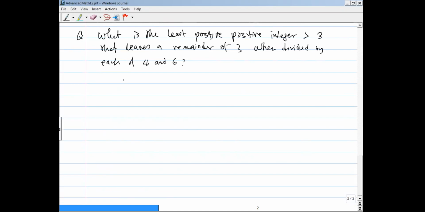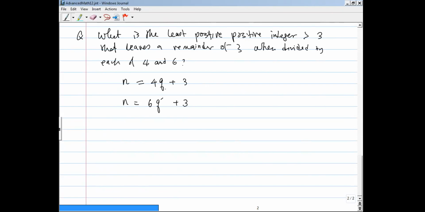We assume that number, right? When it's divided by 4 it leaves a remainder of 3. So that's going to be 4q plus 3. This also implies, when n is divided by 6, you have another quotient, and the remainder is 3.